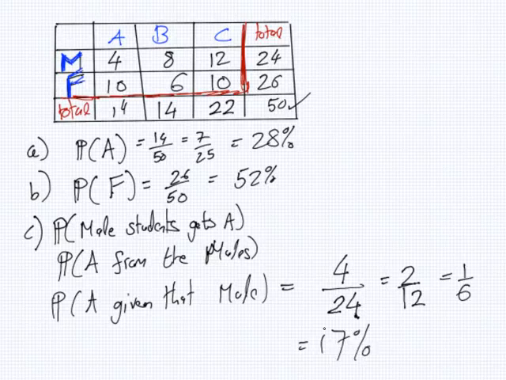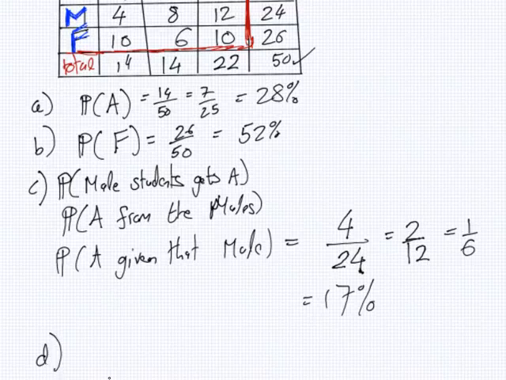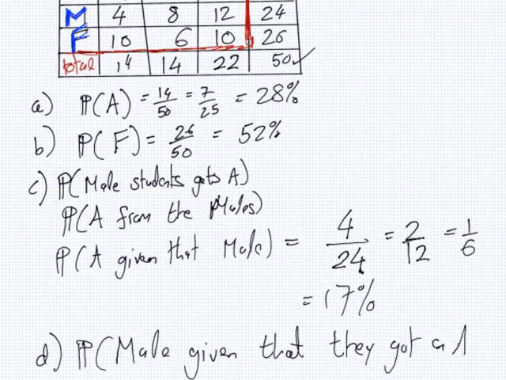17%. Yeah. Okay, I'll give you another one that's like this. So D, we'll look at the other way. So what's the probability that the student is male, given that they got an A? So in other words, you take an A grade student, what's the probability that they're male?